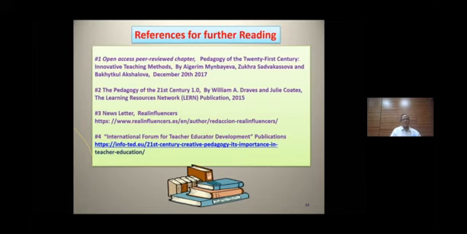Then the last one, the International Forum for Teachers Education Development, is publishing a number of articles and books on teacher education, as well as the teaching-learning process. All these topics are going to be very, very important for us. Unless we give weightage to these references, we may not be in a position to understand the future requirements.